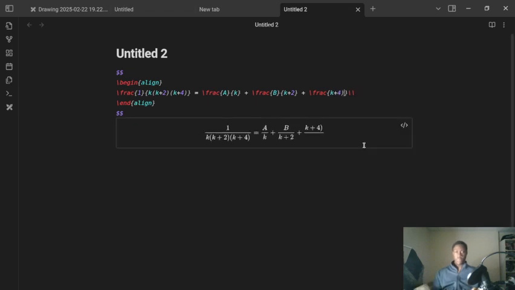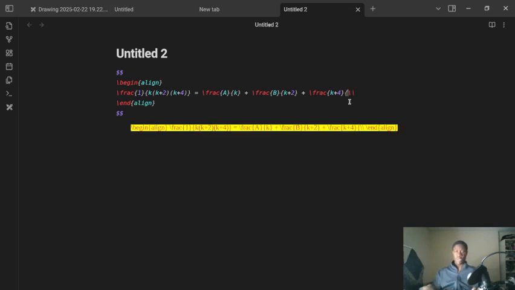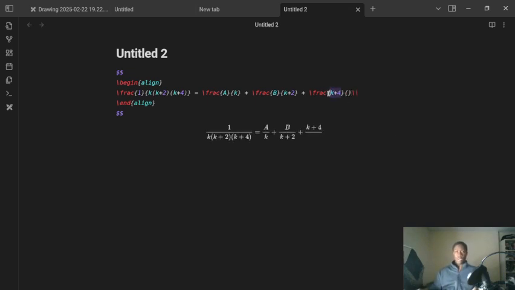Oh, whoops, I did that wrong. So it's equal to that. Okay, so it's going to be equal to the sum of A over some fraction in terms of k, B over some fraction in terms of k, and C over some fraction in terms of k, like that.